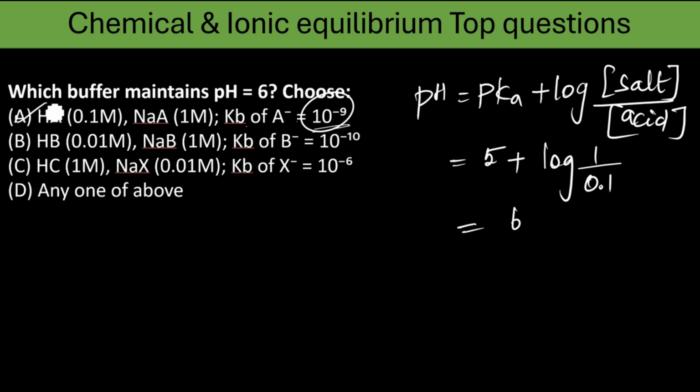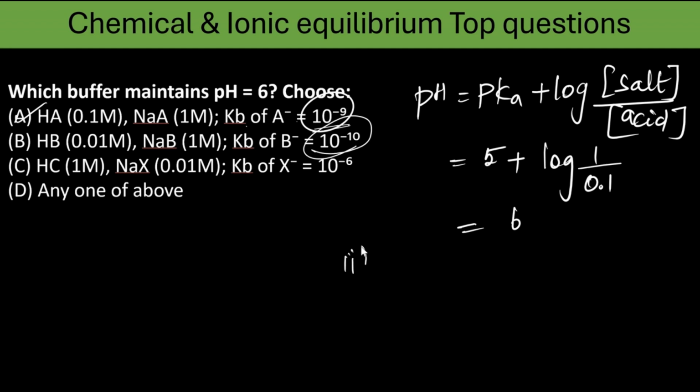Then what about the next one? Again, here they have given Kb of B minus as 10 to the power minus 10, which makes pKb 10. So pKa will be 4.